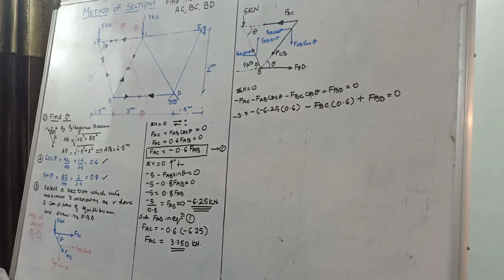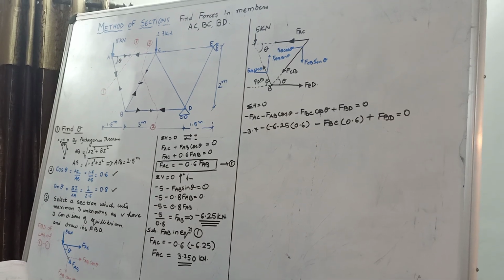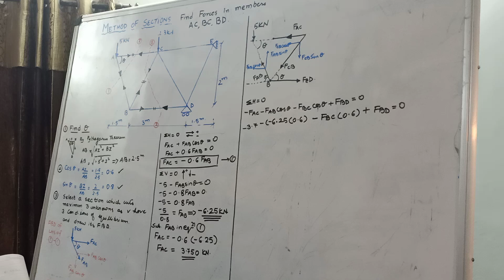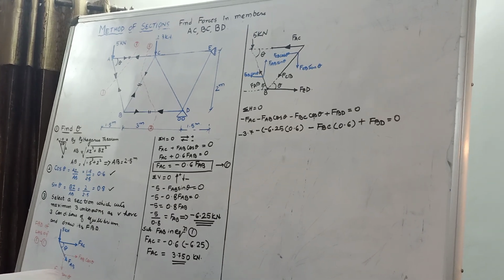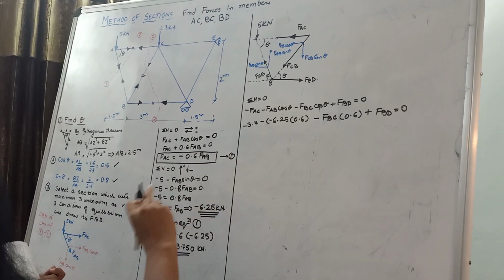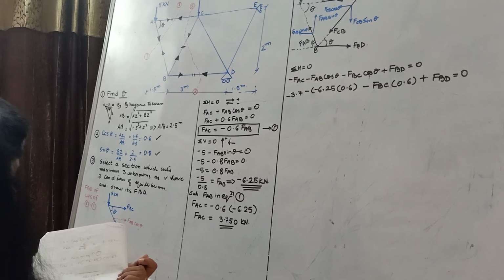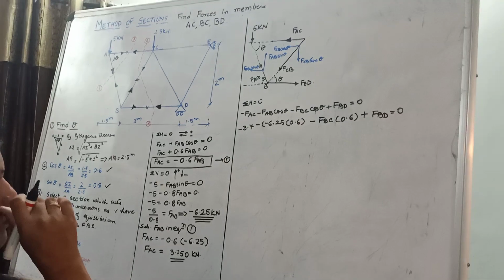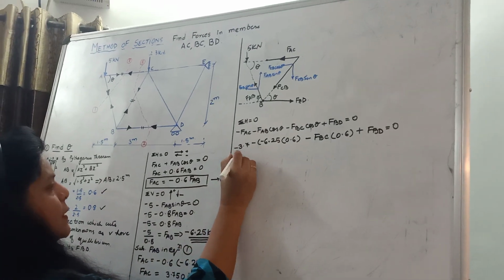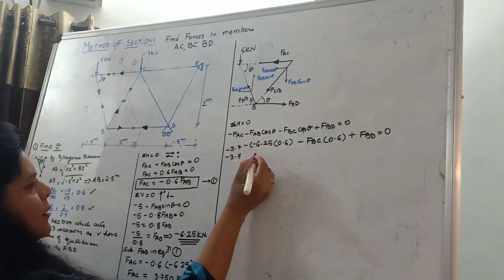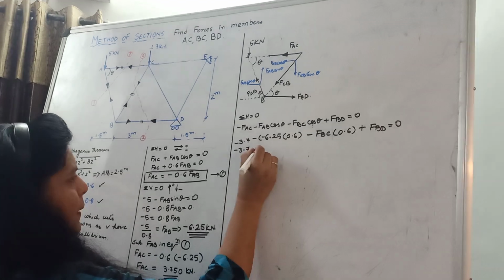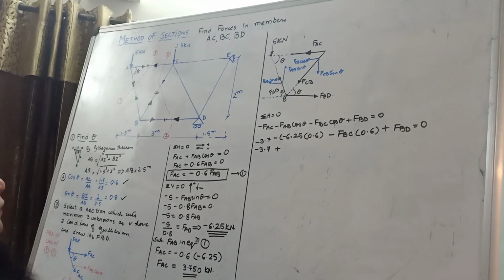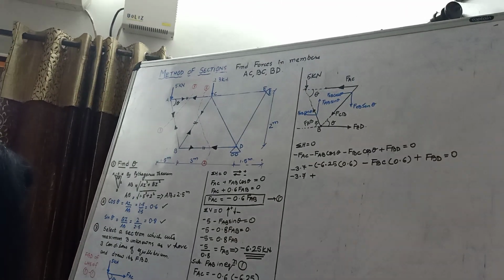Okay. So what we get? We get the equation as 0.6 into FAB, FBD, FBC and FAC. So if I solve this, minus 3.7 minus plus. So what is 6.25 into 0.6?